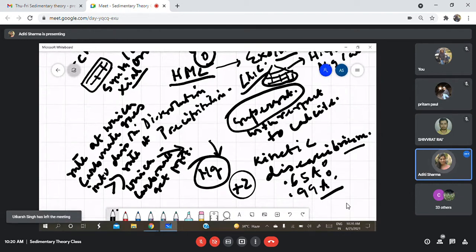So they will actually fight over the cation site, Mg and Ca. And that makes a kinetic disequilibrium, and the calcite will not form immediately. This is exactly the reason the water becomes supersaturated. Water becomes supersaturated because at the rate the dissolution is happening, at the same rate precipitation is not happening. And this is a major observation of the kinetic disequilibrium between the dissolution and the precipitation of the carbonate.